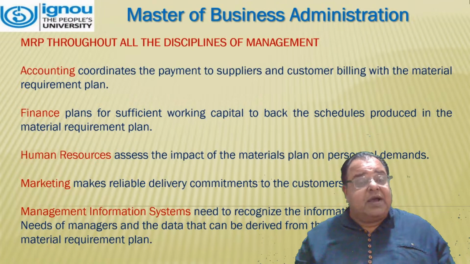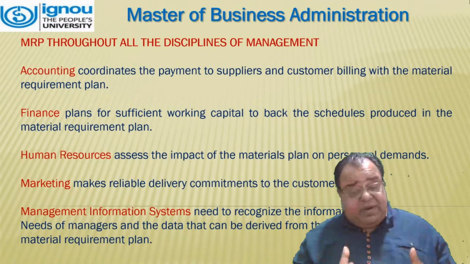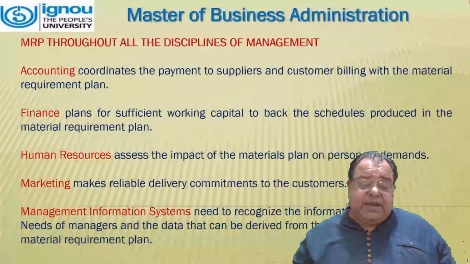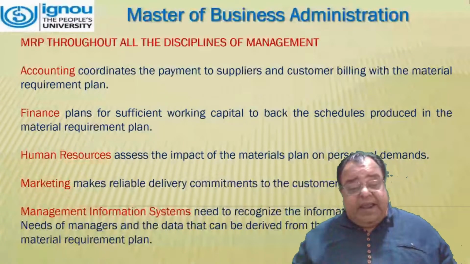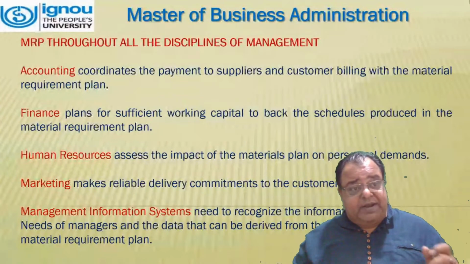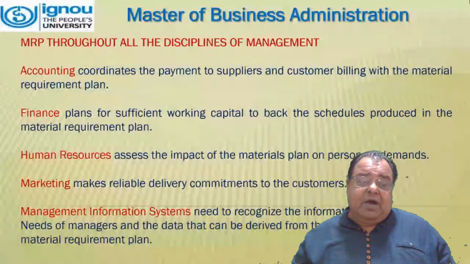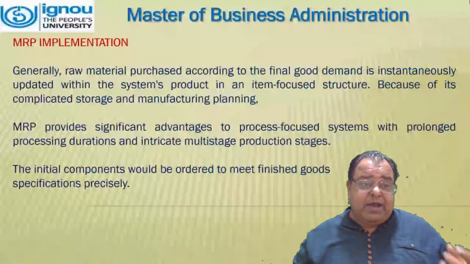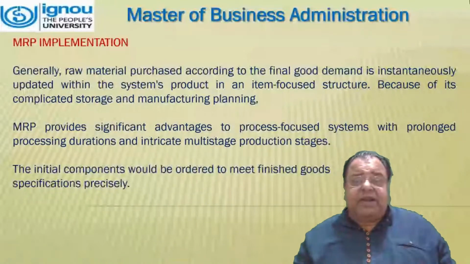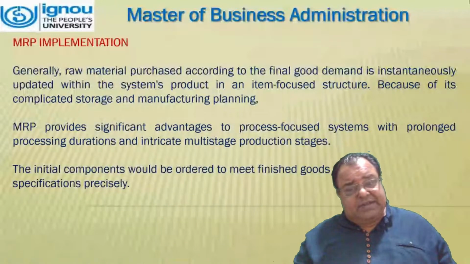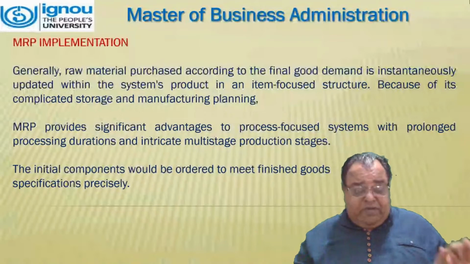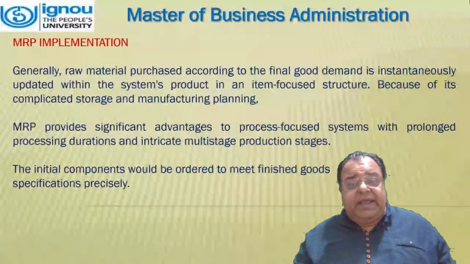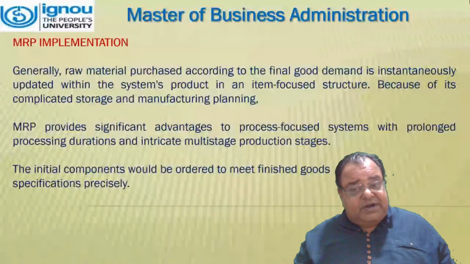In management information systems, it needs to recognize the information needs of managers and the data that can be delivered from the material requirement plan. Now, how does MRP work? Generally, raw material purchase according to the final good demand is instantaneously updated within the system in an item-focused structure.